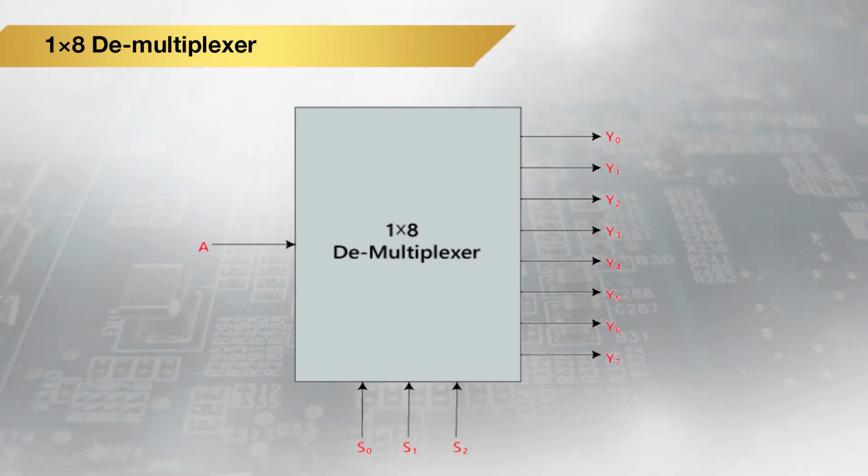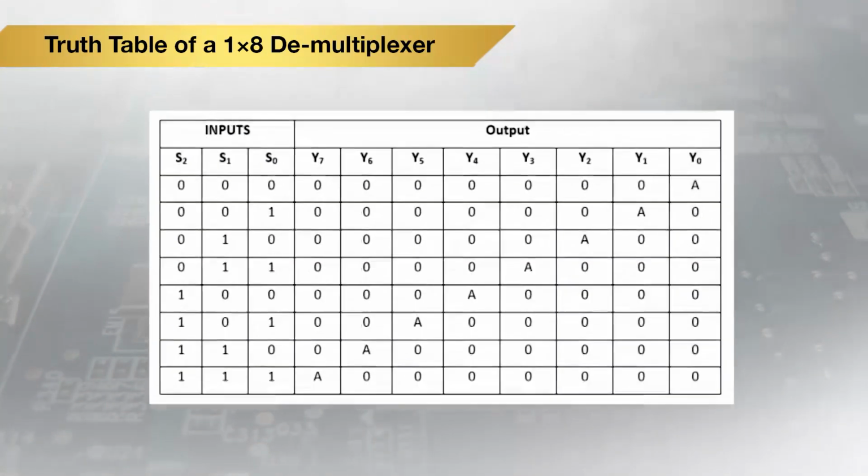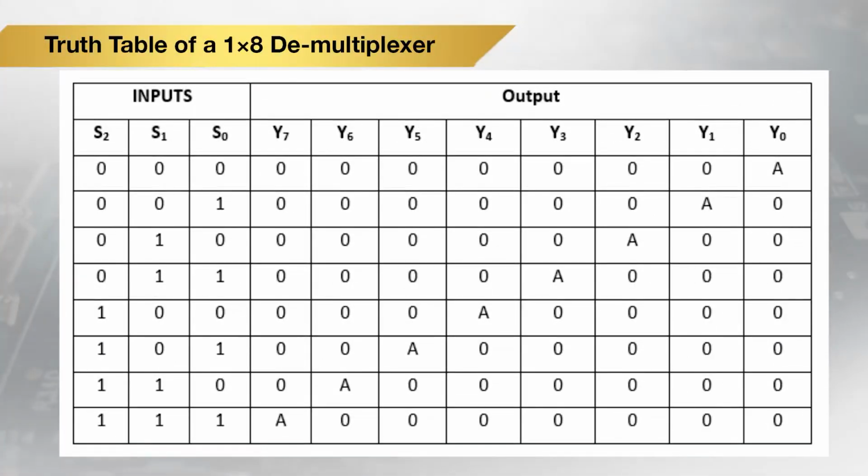So this is a 1x8 demultiplexer, 1 input and 8 outputs. This is the truth table of the demultiplexer, and according to the combination of selection lines S0, S1 and S2 we will have the outputs.